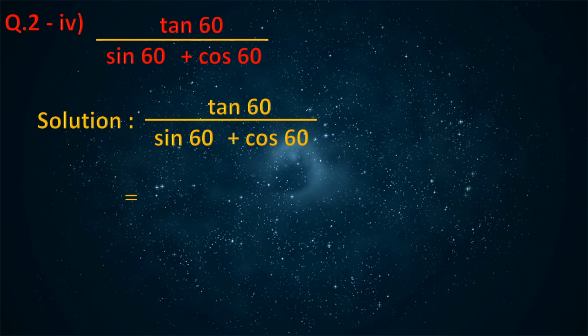So the next line will be like this: root 3 upon root 3 by 2 plus 1 by 2. See, here the denominator is common, so we can write it as root 3 upon root 3 plus 1 upon 2.